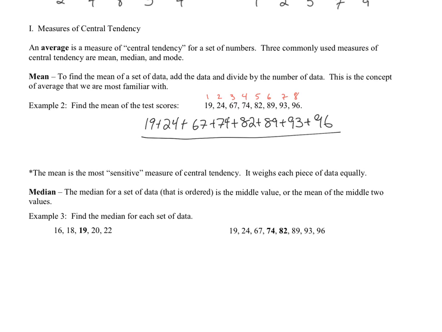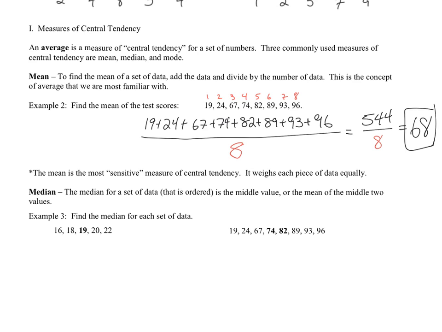I've got 8 total numbers here. So I'm going to divide by 8. So when you add up all these numbers in the top, you will get 544. Then you divide by 8 and get a whopping 68.